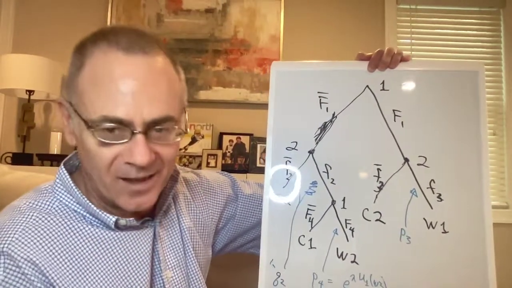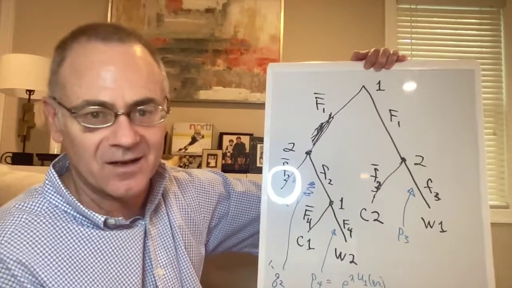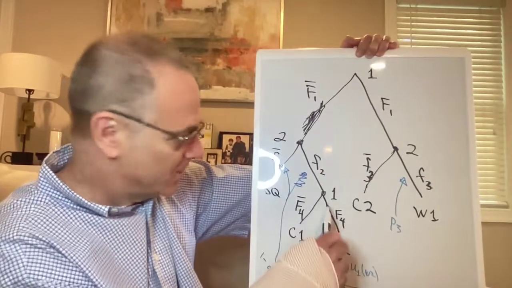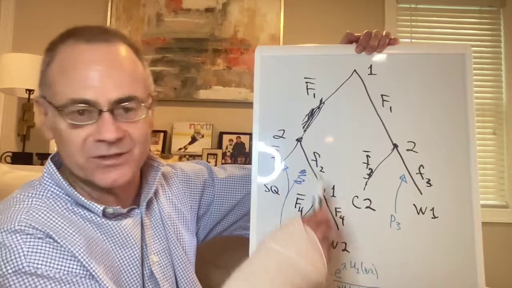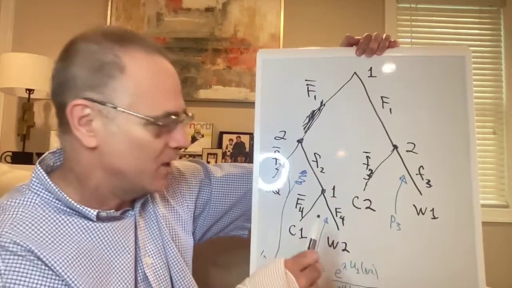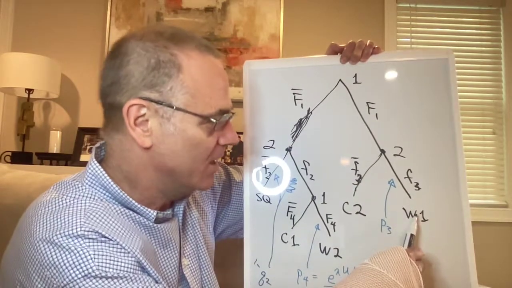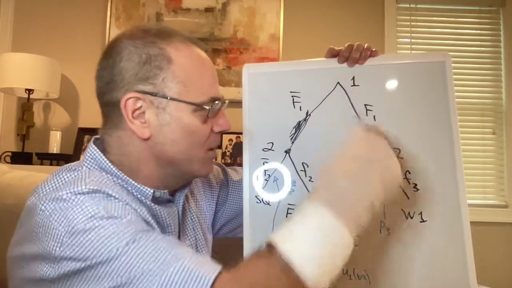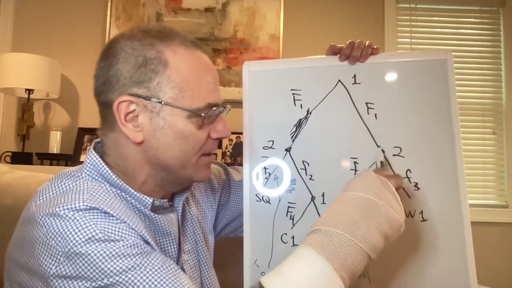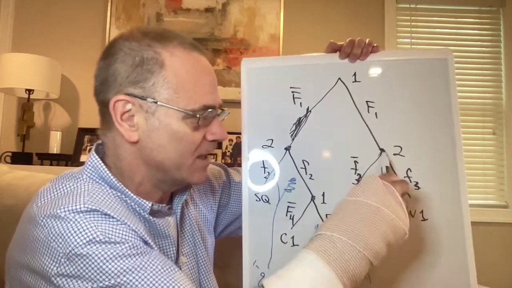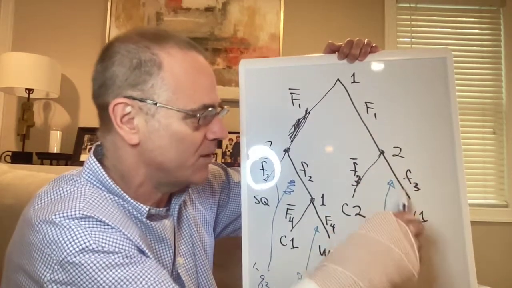The probability of each of those outcomes depends on the probabilities of which state moves which way. So the probability we get to W1 is the probability that 1 goes down this branch and then 2 goes down this branch. Okay, so we've already got that branch, P3.